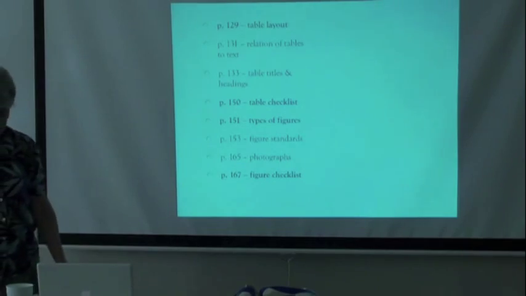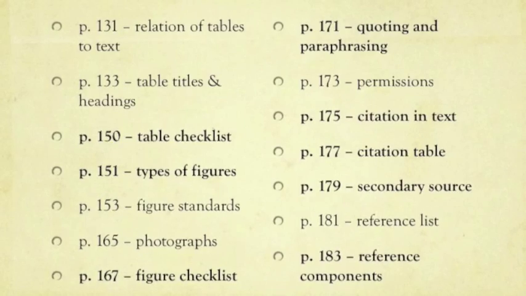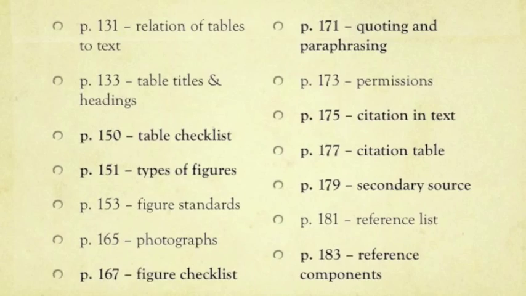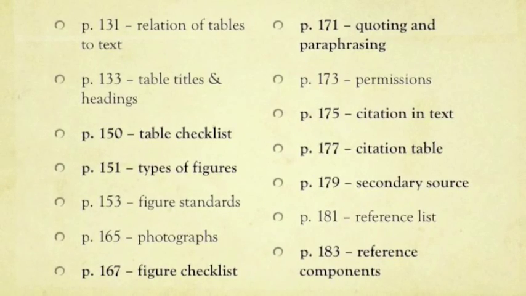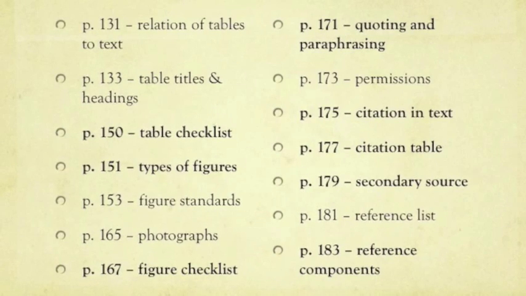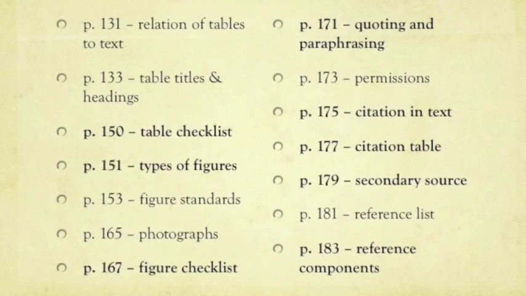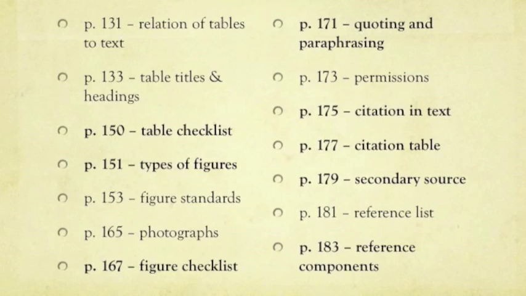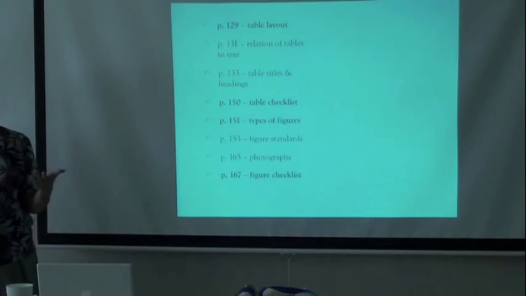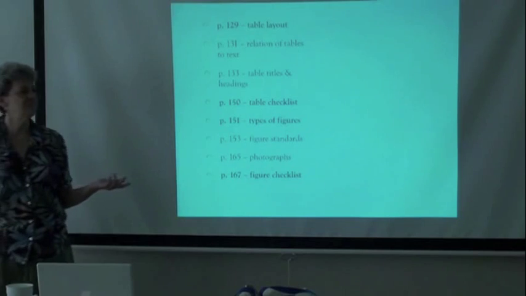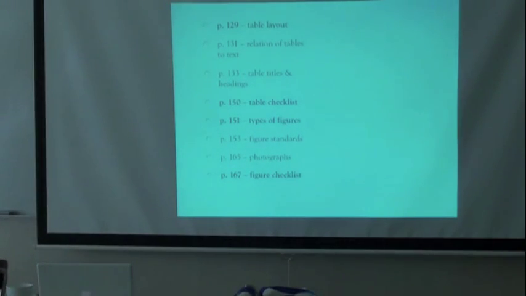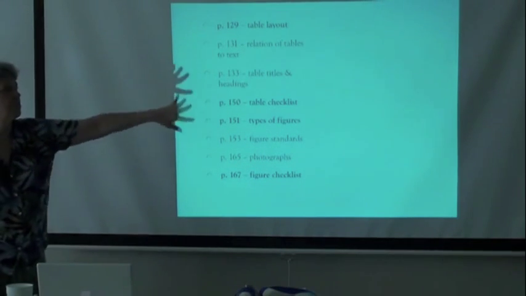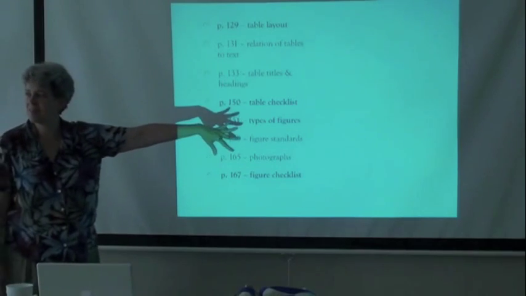Figure standards are on pages 152 and 153, and page 165 is where photographs are explained. I put that in there as something you might want to tab because some of you do use photographs in your presentations. I've gotten papers from students who taught a learning strategy and wanted to take a picture of the bulletin board they made that explained the strategy.